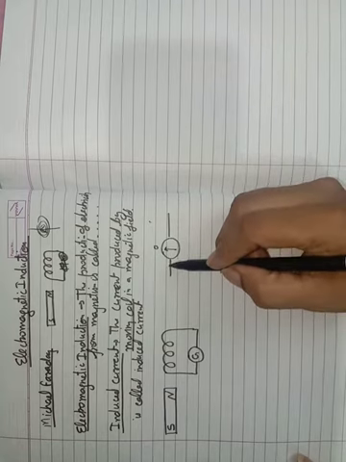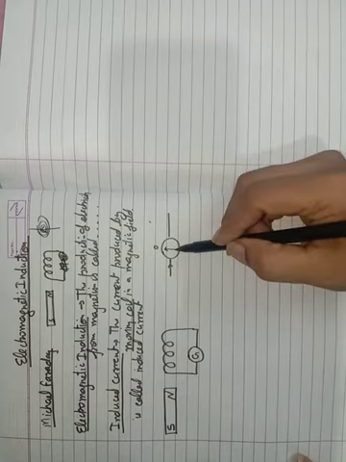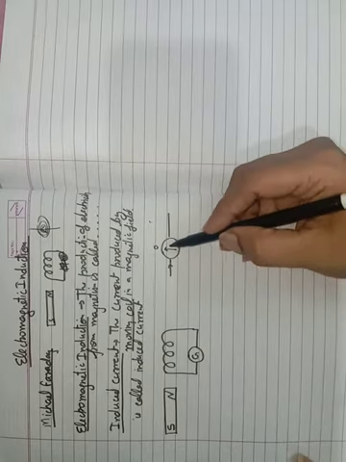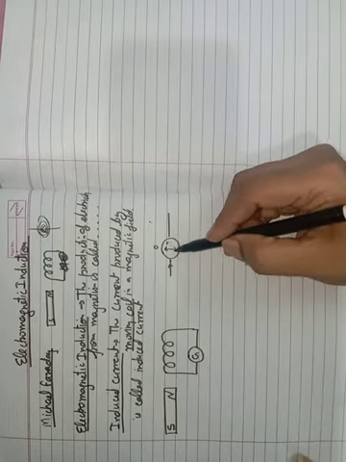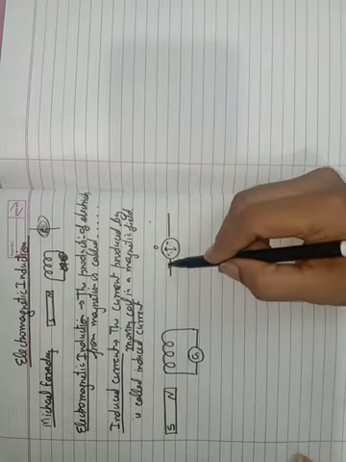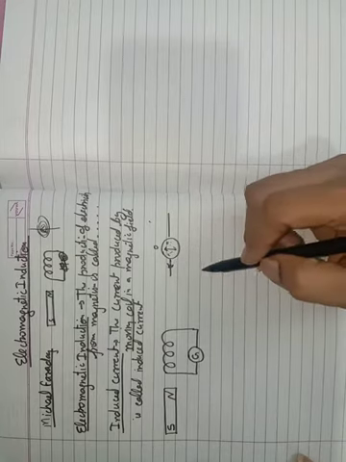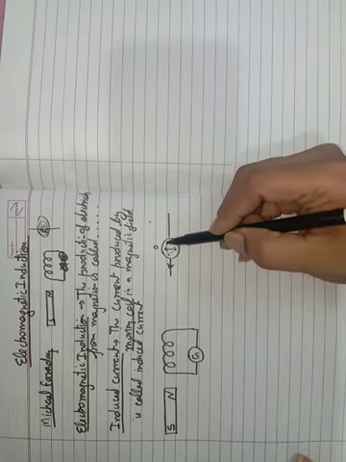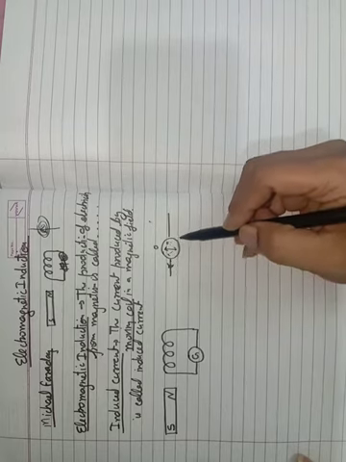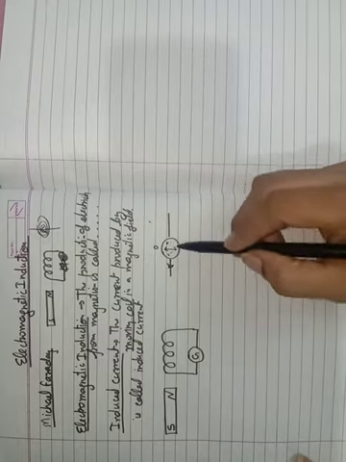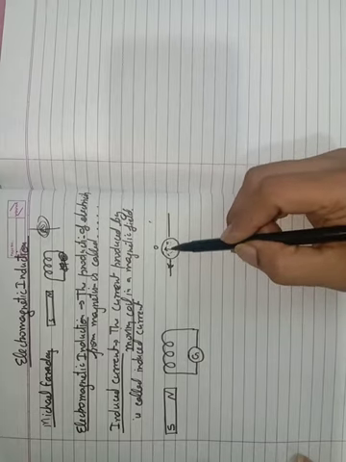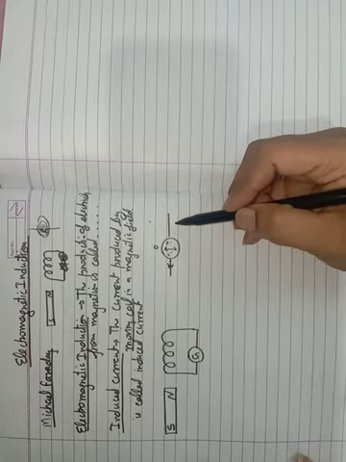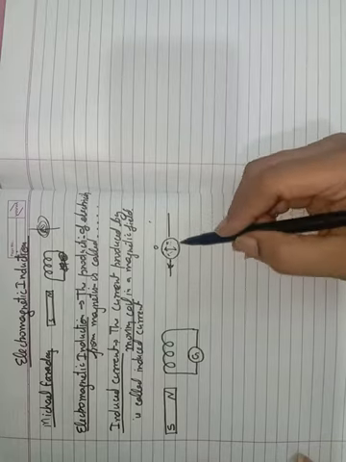Suppose the current is produced in this direction, it will show deflection to one side. Or if the current is reversed, its deflection is also reversed. It means the galvanometer is an instrument that can detect the presence of current in the circuit. It is used only to find the presence of current. It does not measure the current.